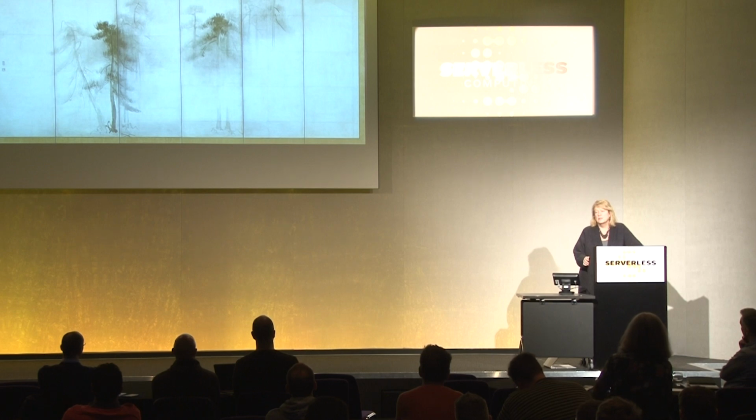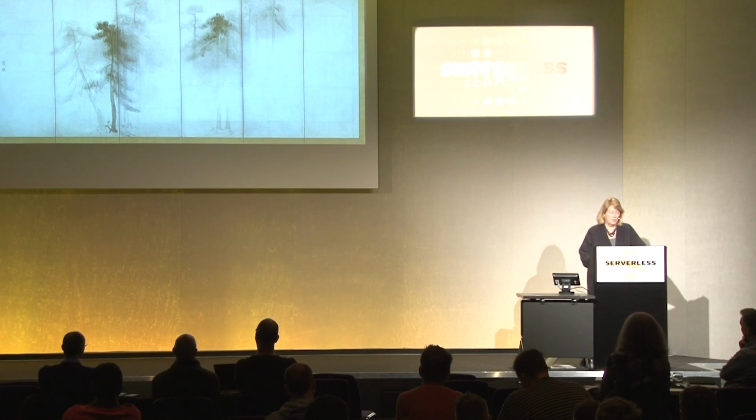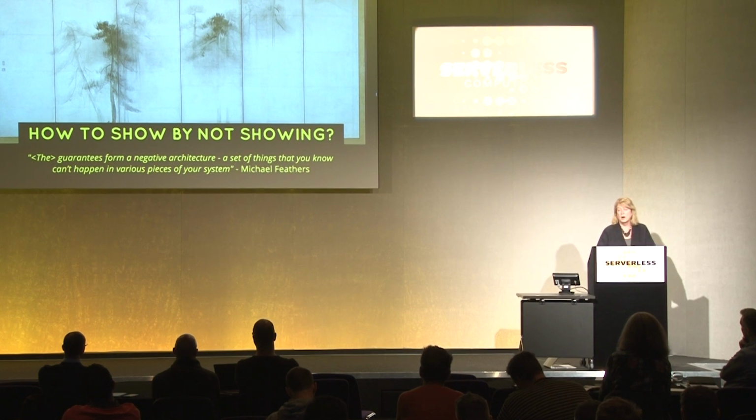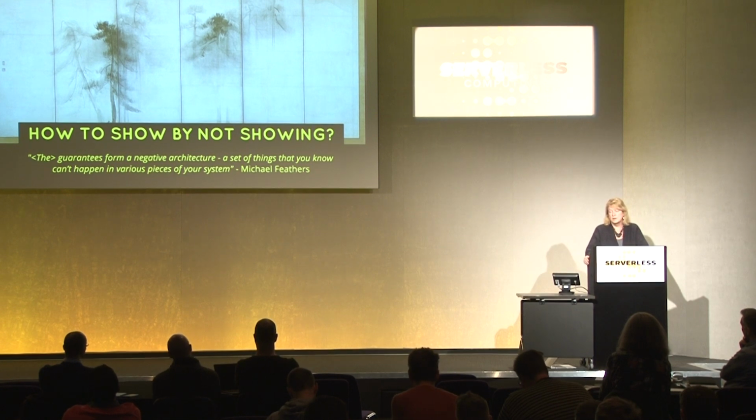So the correlation in terms of system visualization is how do we visualize what we choose not to include? How do we show by not showing? Interestingly, a developer who I much admire, Michael Feathers, wrote a blog post about negative architectures. He says, the guarantees form a negative architecture, a set of things you know can't happen in pieces of your system. And so my challenge here would be how do we portray that visually?